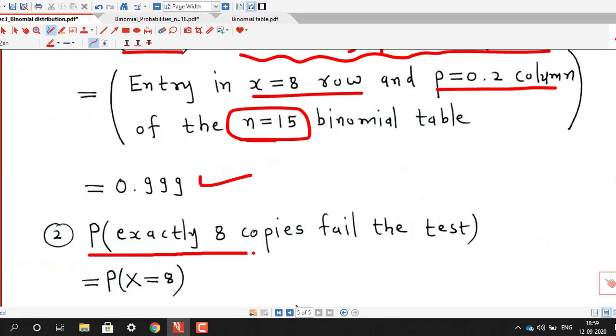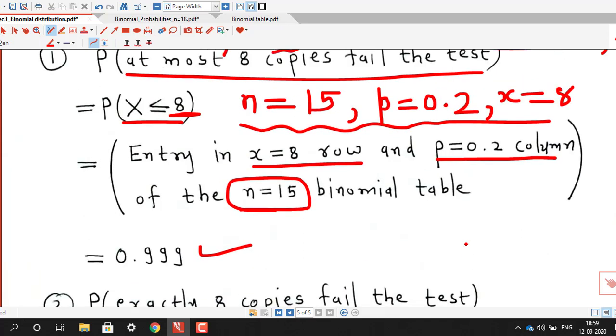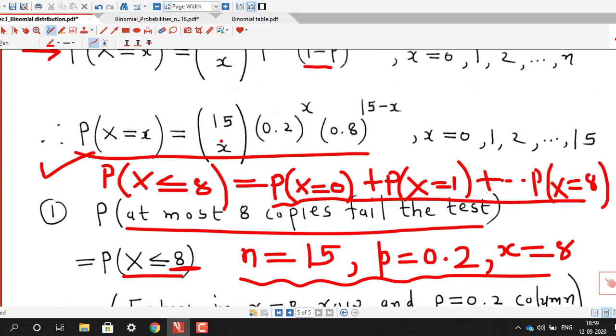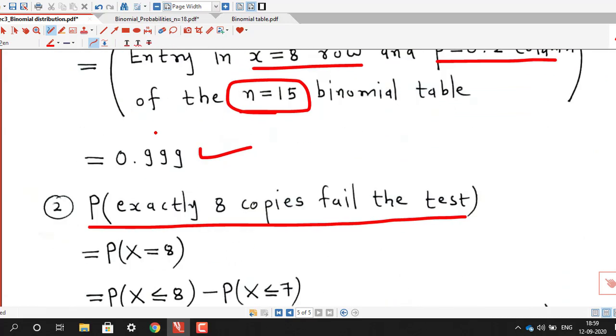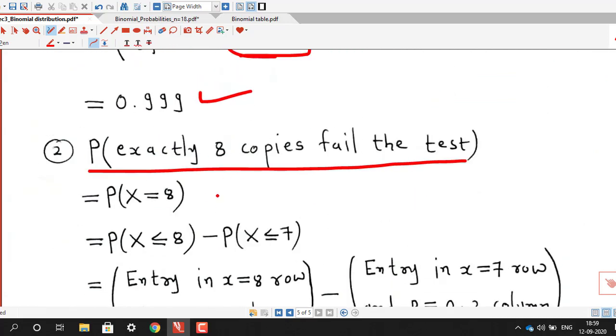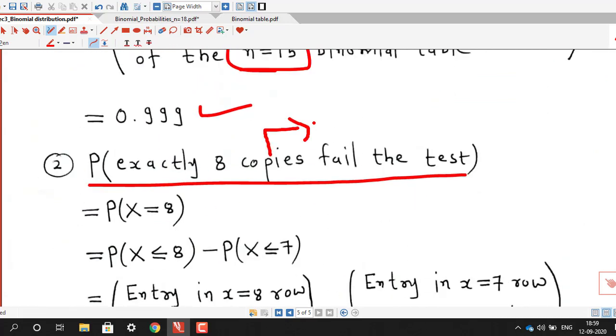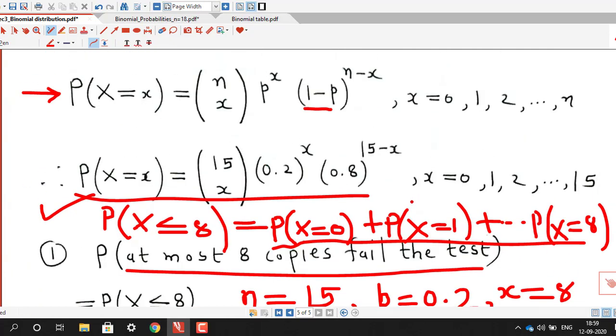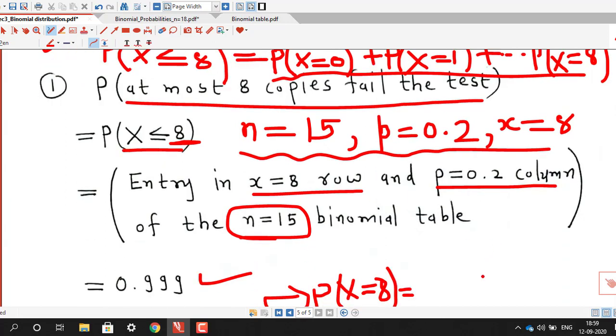Next one is probability that exactly 8 copies fail the test. So that we can find using this formula. We can put x equal to 8. Suppose we use that formula. Probability that capital X equal to 8 is nothing but 15Cx 0.2 raised to x.